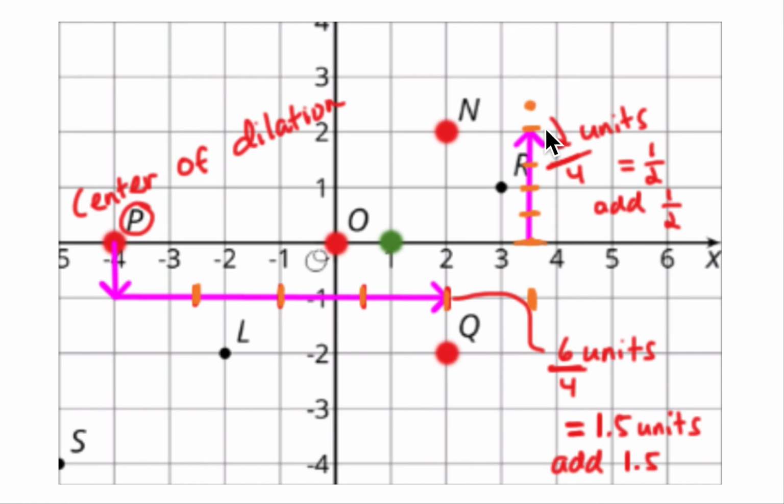And then you have to add an additional fourth. So it's 1/4, 2/4, 3/4, 4/4, and 5/4. So 5/4 of 2 is 2 1/2.